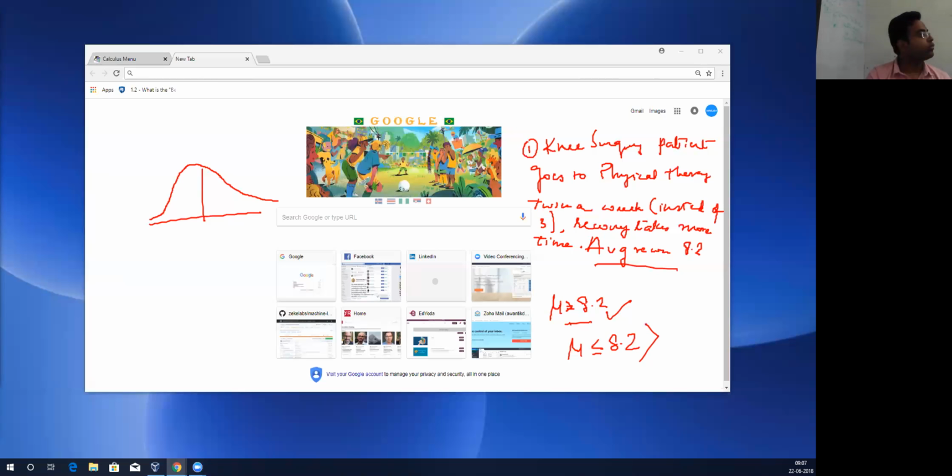You remember for normal distribution we calculated the z-score. What was the z-score? How many standard deviations are you away from the mean? Right, that is your z-score. Understood so far?